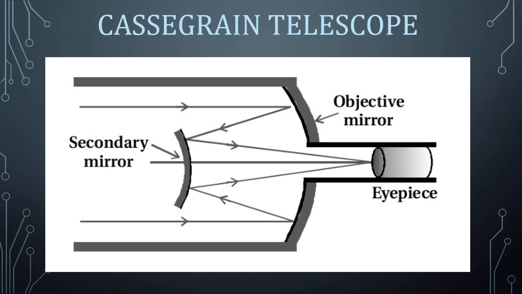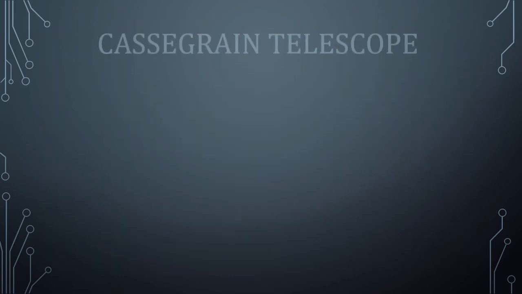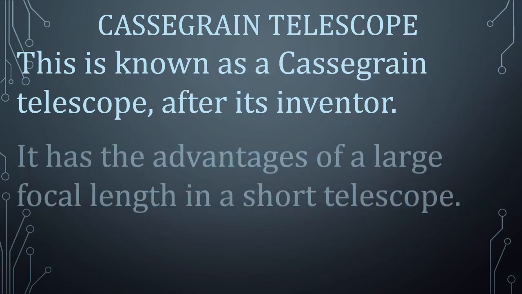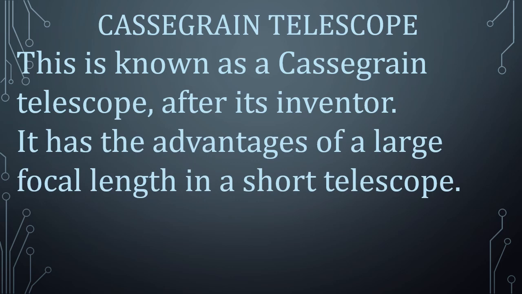And after getting reflected from the secondary mirror, these two rays will meet at a point outside the telescope where an eyepiece is kept. This is known as a Cassegrain telescope after its inventor. It has the advantage of a large focal length in a short telescope.